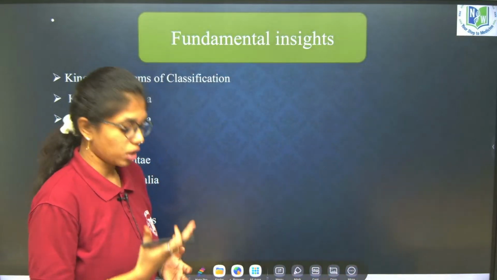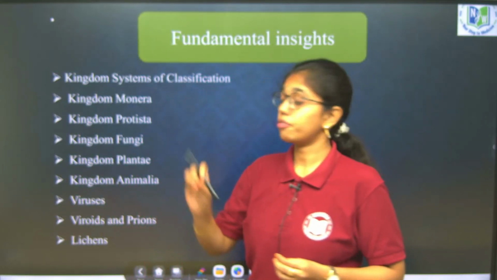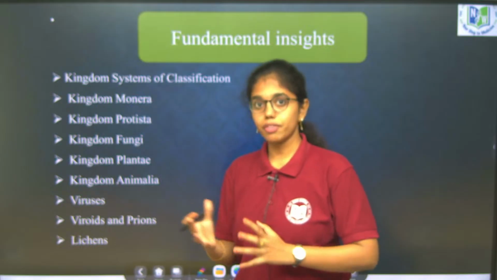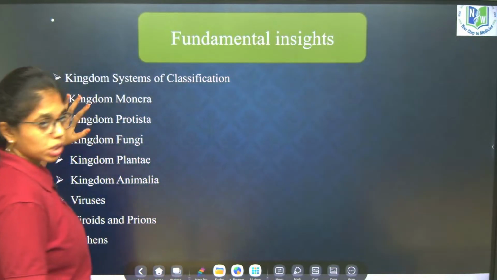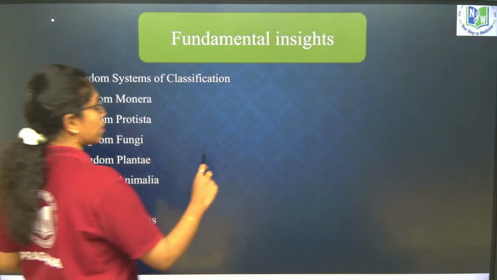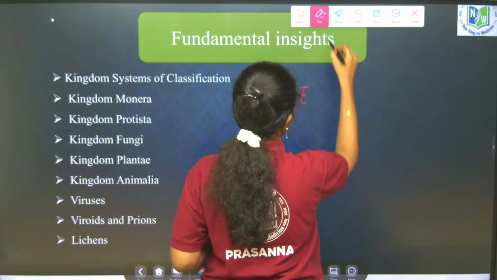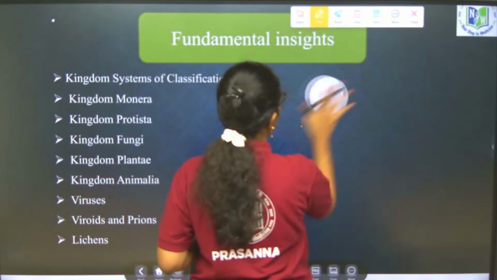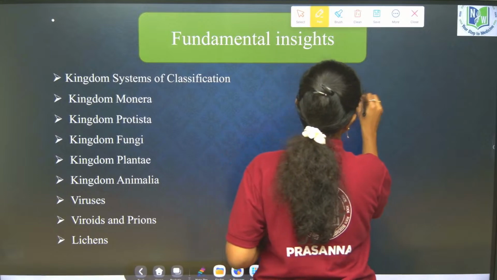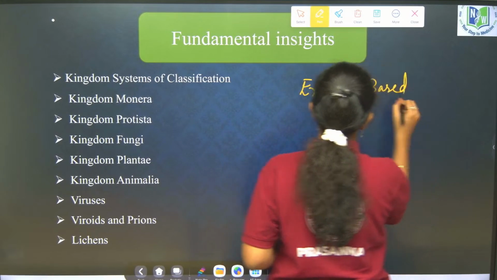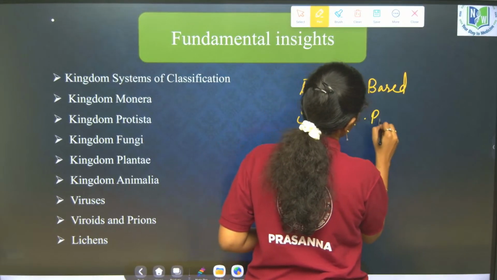Before entering into the concept, let me first tell you what sort of questions we can expect from this chapter and the different styles of questions that arise from it. We may expect match the following questions, mostly example based questions, statement based, and assertion reason.